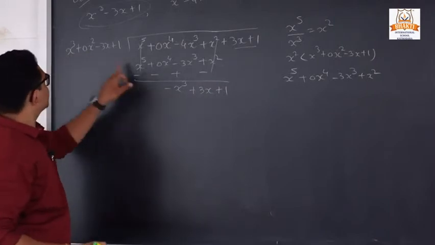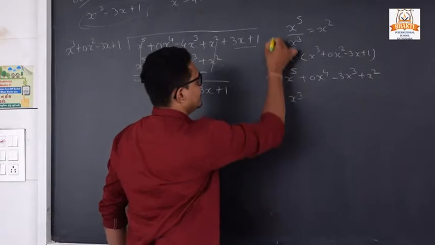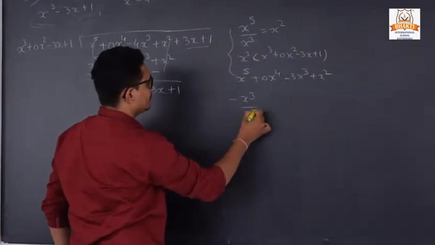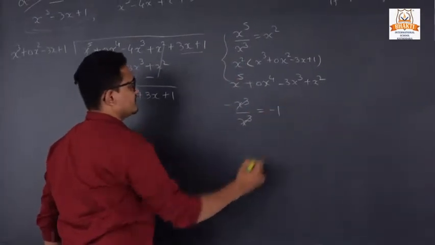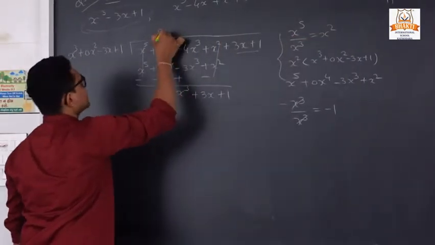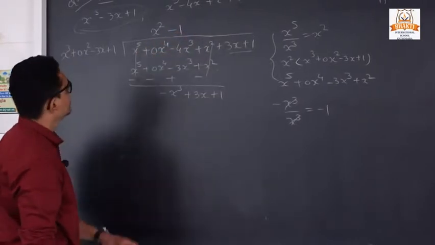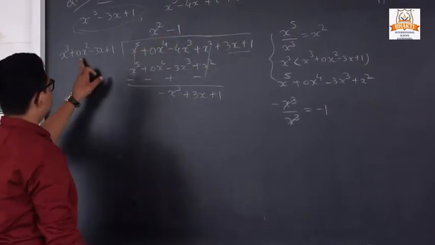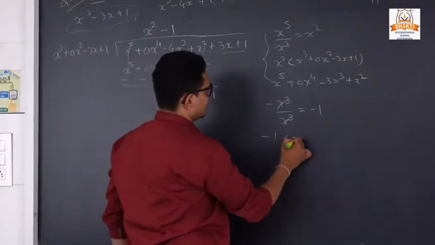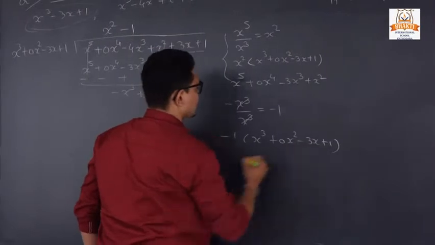Now minus x cube is divided with x cube, cut, so it will be minus 1. So first of all here we can write x square, then minus 1. Now minus 1 is multiplied with all, so minus x cube plus 0x square minus 3x plus 1.